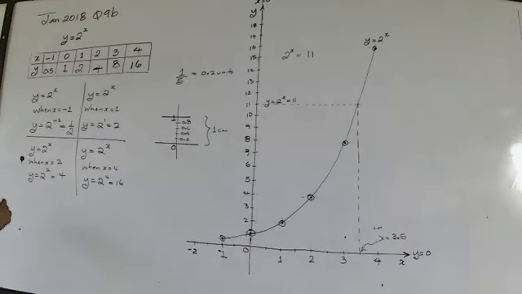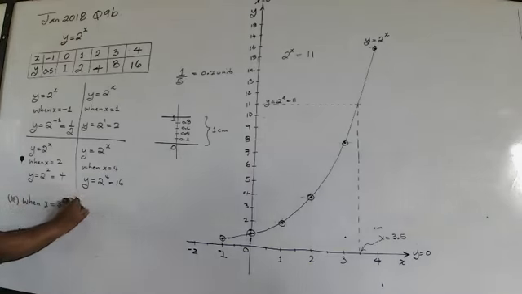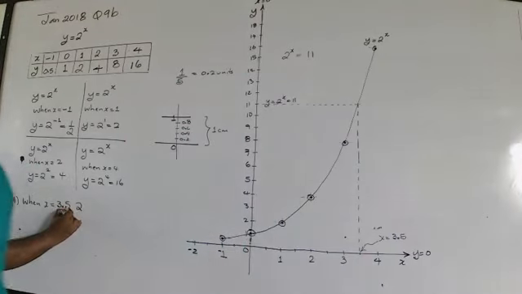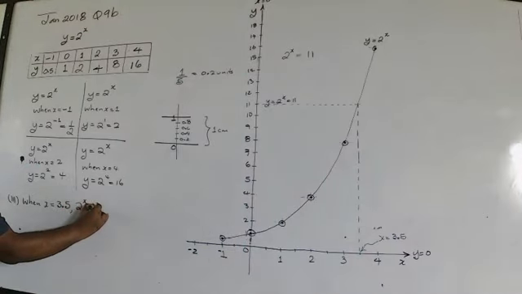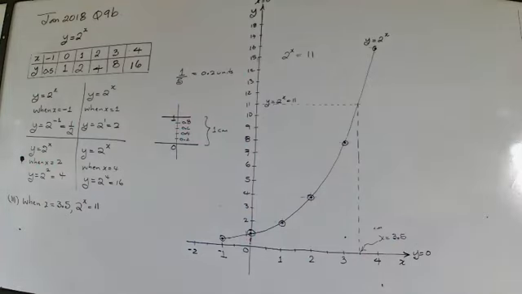You could answer it like this, triple I. When x is equal to 3.5, 2 to the x is equal to 11. When x is equal to 3.5, 2 to the x, are you all listening? Is equal to 11. This is how the question is done.